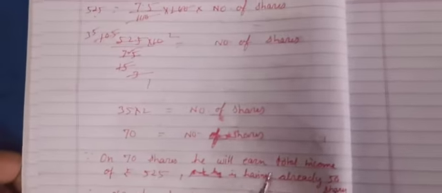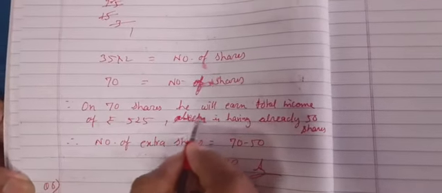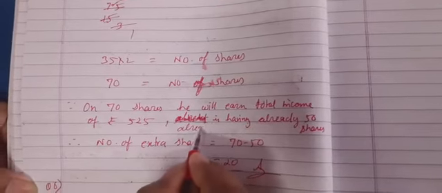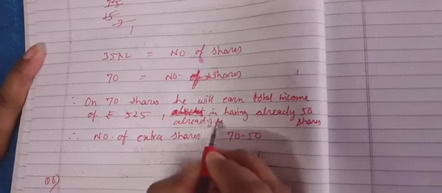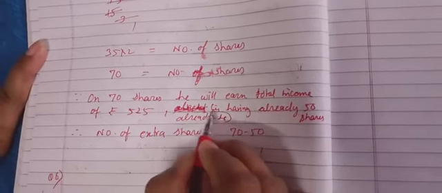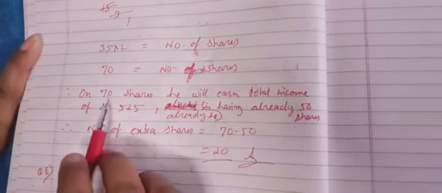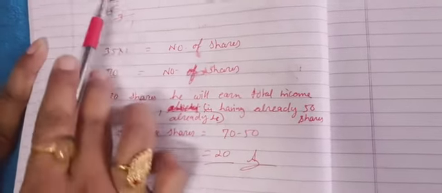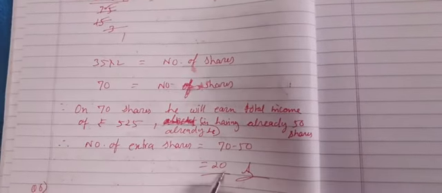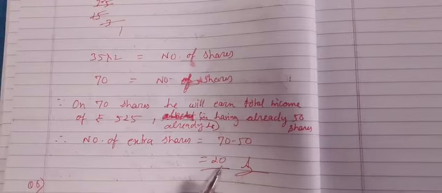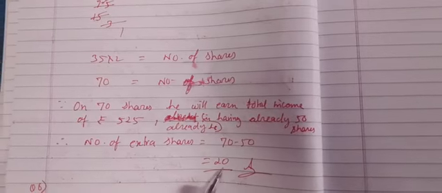On 70 shares he will earn total income of rupees 525, but already he is having 50 shares, and on 70 he may earn that much rupees 525. So number of extra shares is what? 70 minus 50, that means he is supposed to buy 20 more shares to earn rupees 525 as annual income. So in this video, up to this question, children.